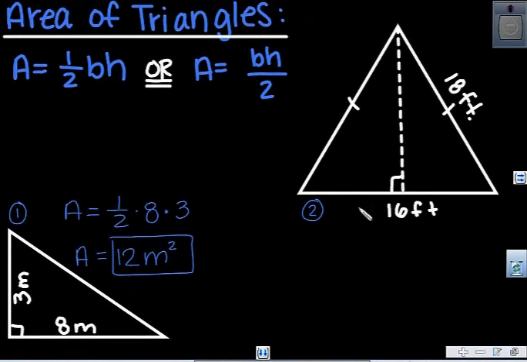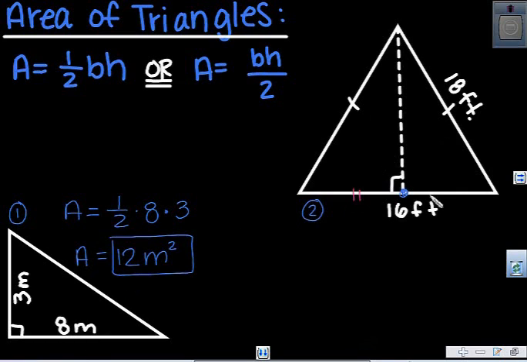Okay, in example 2, there is no right angle in your triangle, but you do know this is isosceles because of these tick marks. When you draw an altitude or a height down in an isosceles triangle, that comes to the center of your base. Of course, an altitude or a height is going to make a 90-degree angle. That's what the definition tells us.